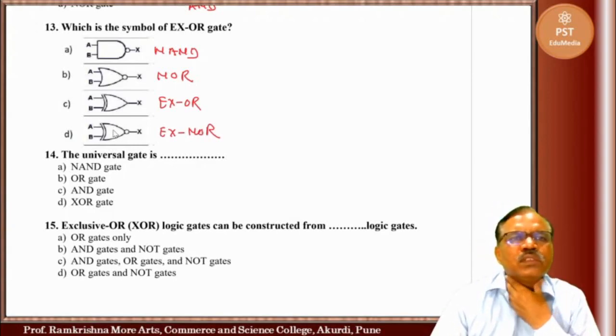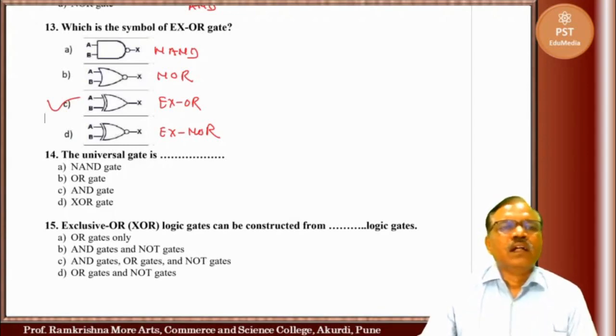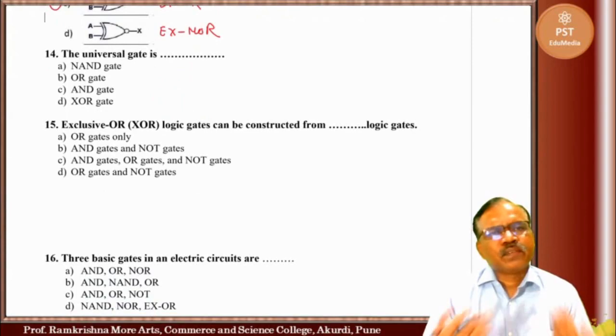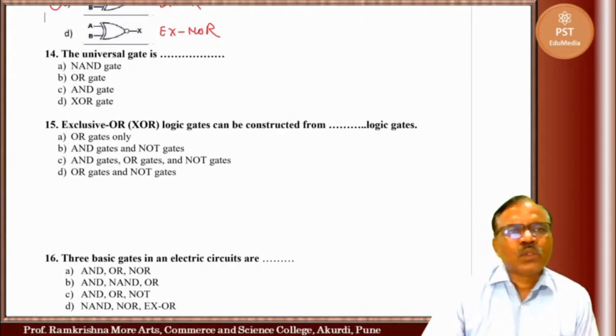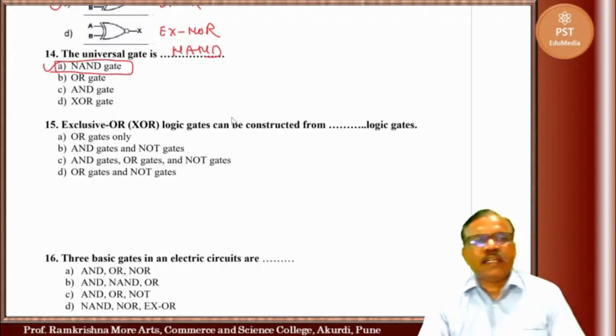We have to choose for XOR gate. So this third one is correct. Now the universal gate means you can design a digital circuit using that gate only. So out of all gates, NAND gate is called universal gate.